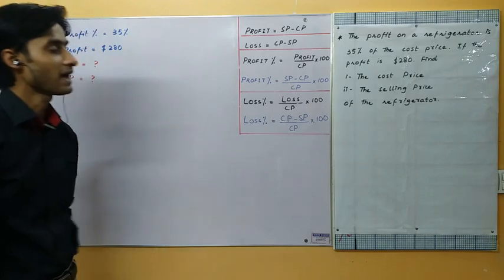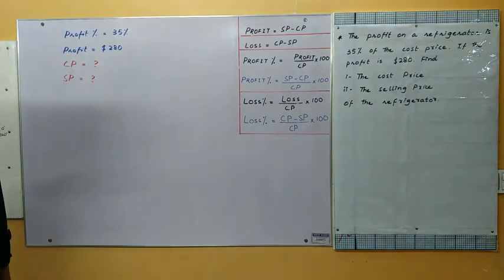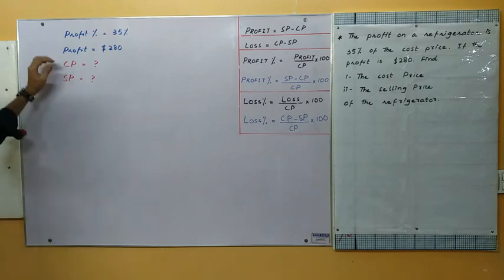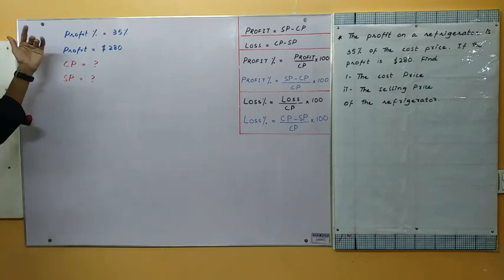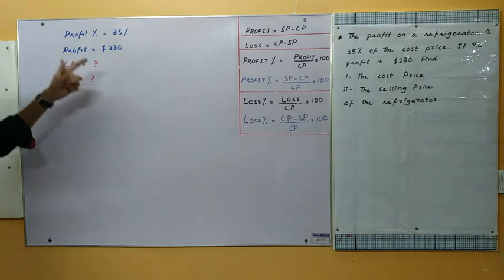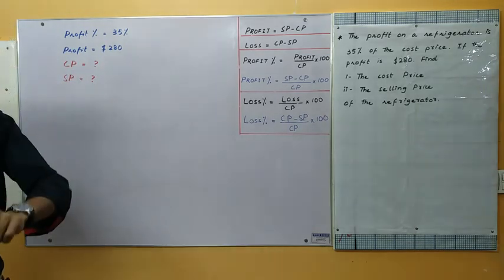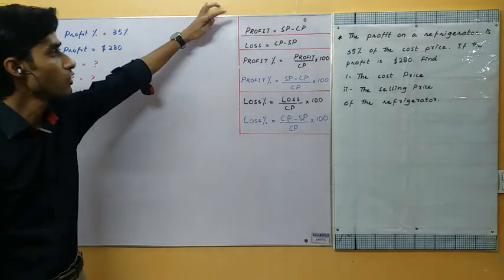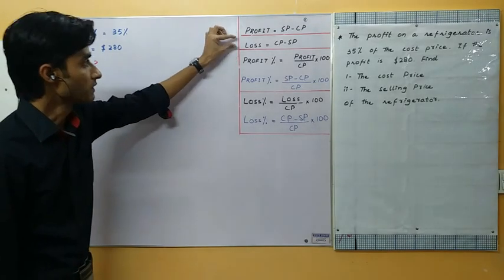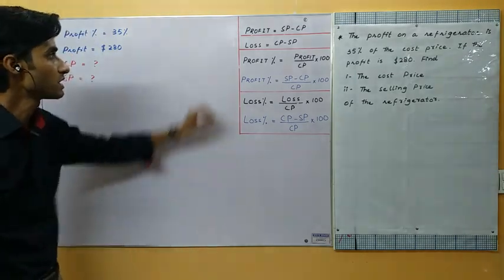These are the formulae that we have been discussing, and now we have to decide which formula can be used to find out any one of these at a time. For instance, if I want to find out cost price right now, the formula which will include profit, cost price, sell price, and profit percentage could be one of these. So these two formulae are out of the equation.